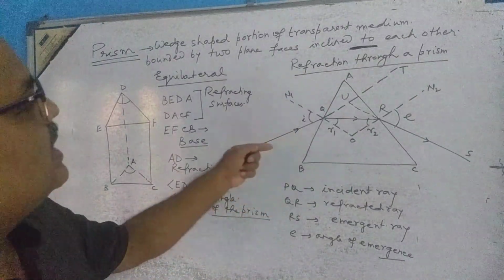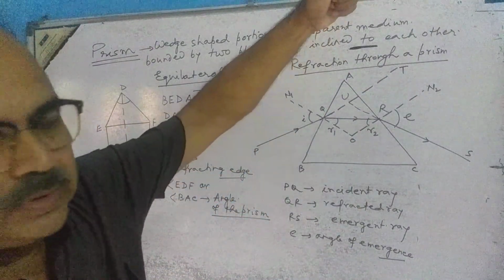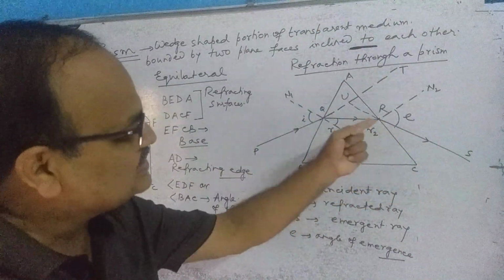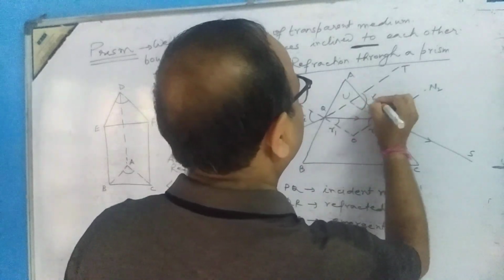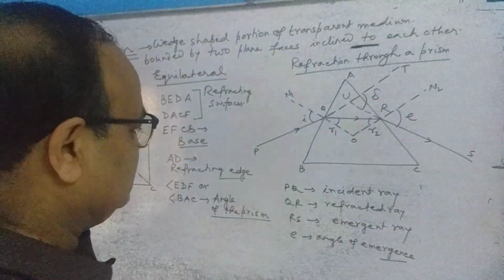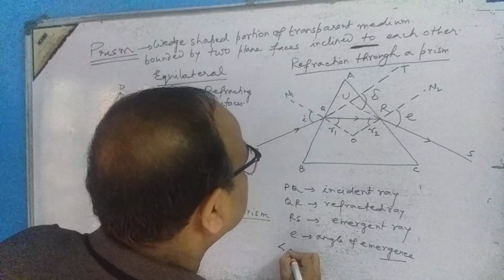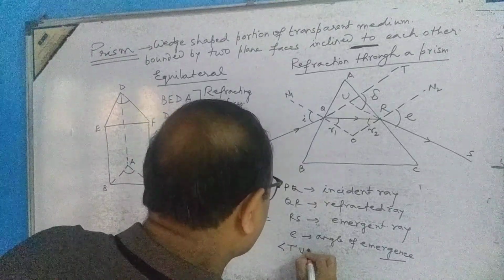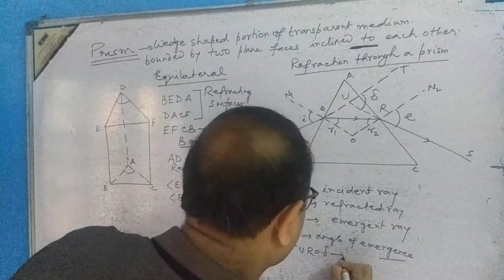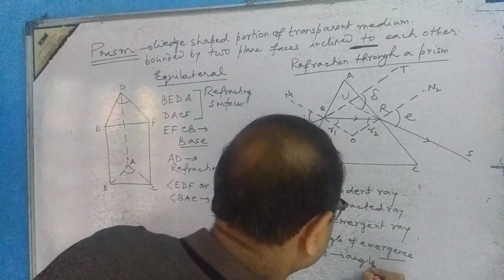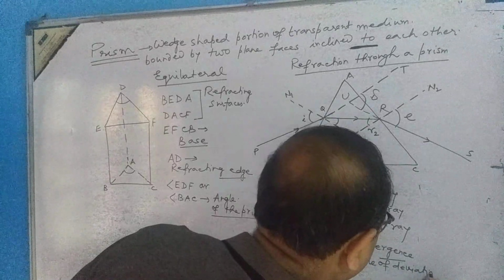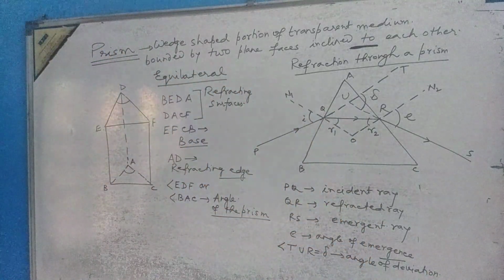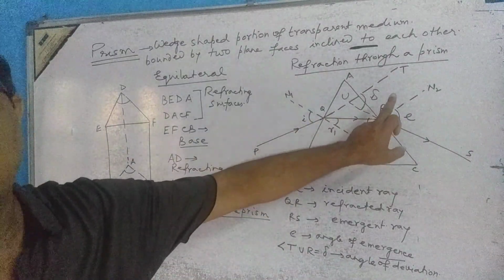I have produced PQ in the same direction and SR backward. What we are getting is an angle delta. Angle TUR is equal to delta. This is called the angle of deviation.